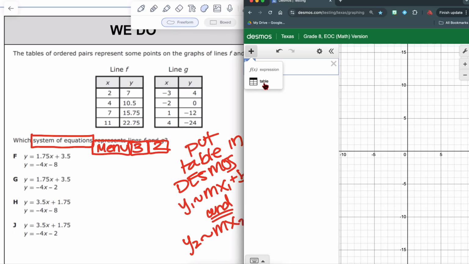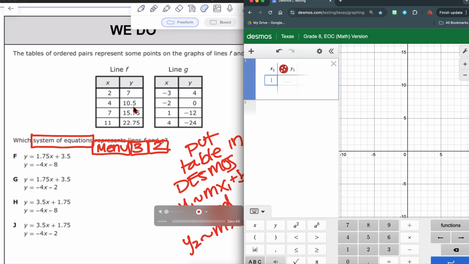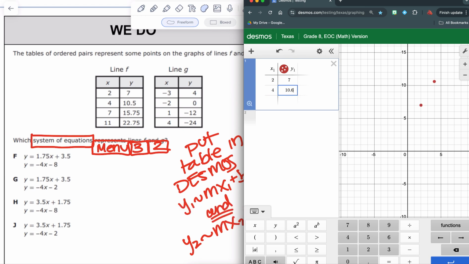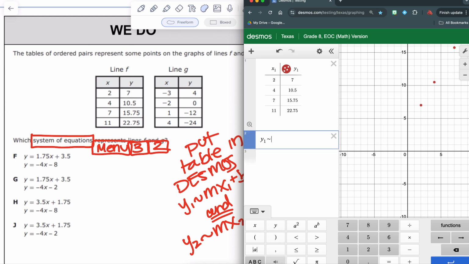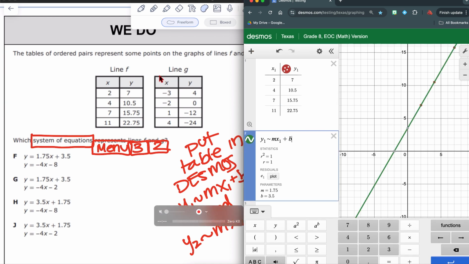I'm going to add a table, and I'm going to do this first table right here: 2, 7, 4, 10.5, 5, 7, 15.75, then 11, 22.75. Now here I have x1, y1. I'm going to do y1 squiggly line mx1 plus b. Then I still have another table.